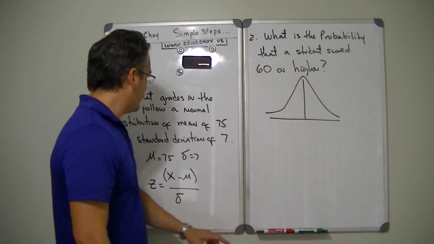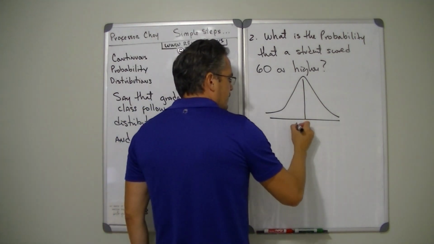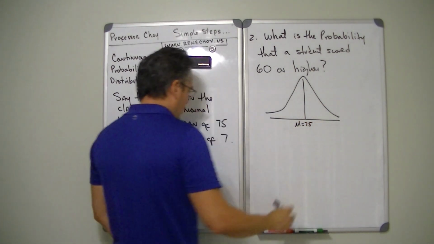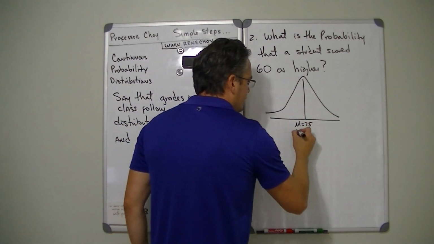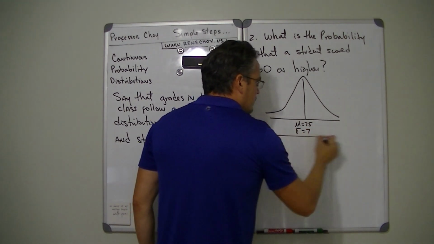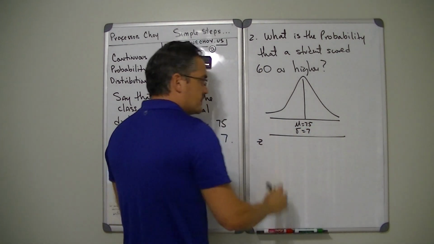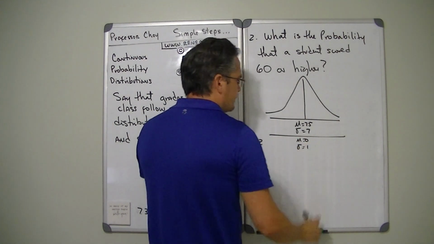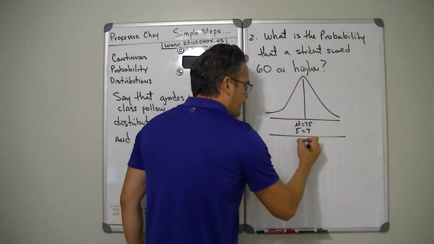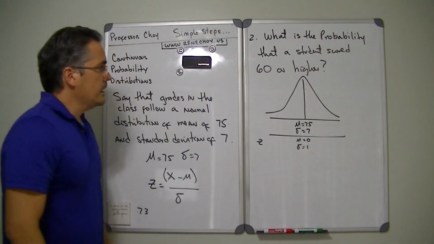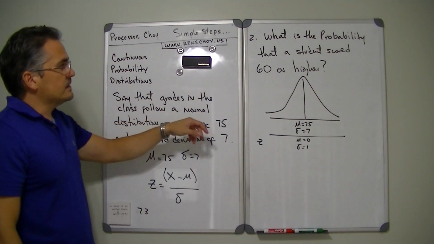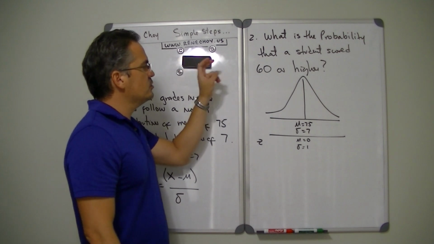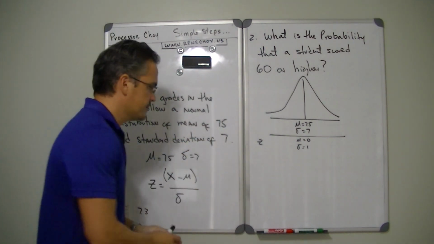Now I know that the center of my graph is at 75, that's my mu. And I know that my standard deviation is 7. I also know that as soon as I z those numbers, I'm going to get mu of 0 and sigma of 1. Alright. Now, the question they're asking us is, what is the probability that a student scores 60 or higher?